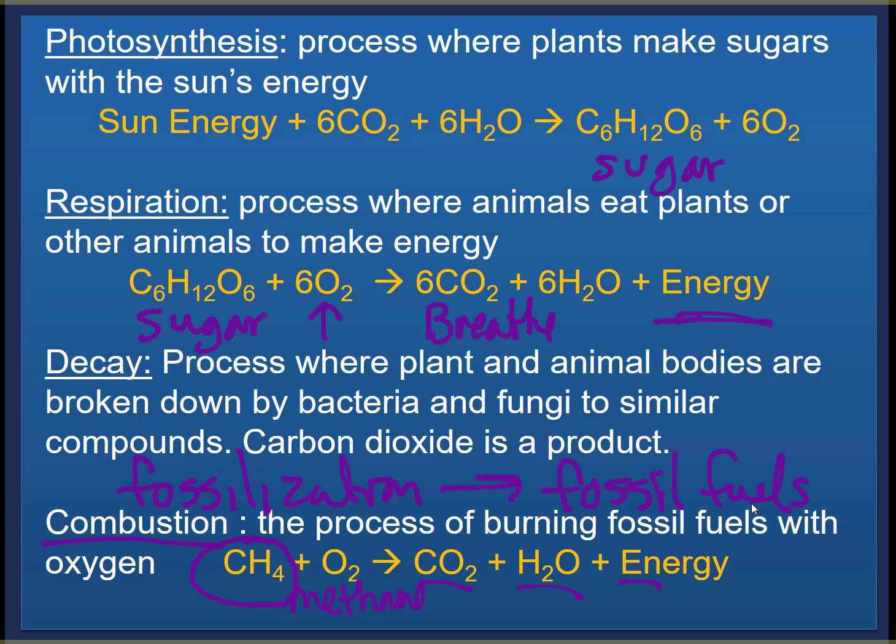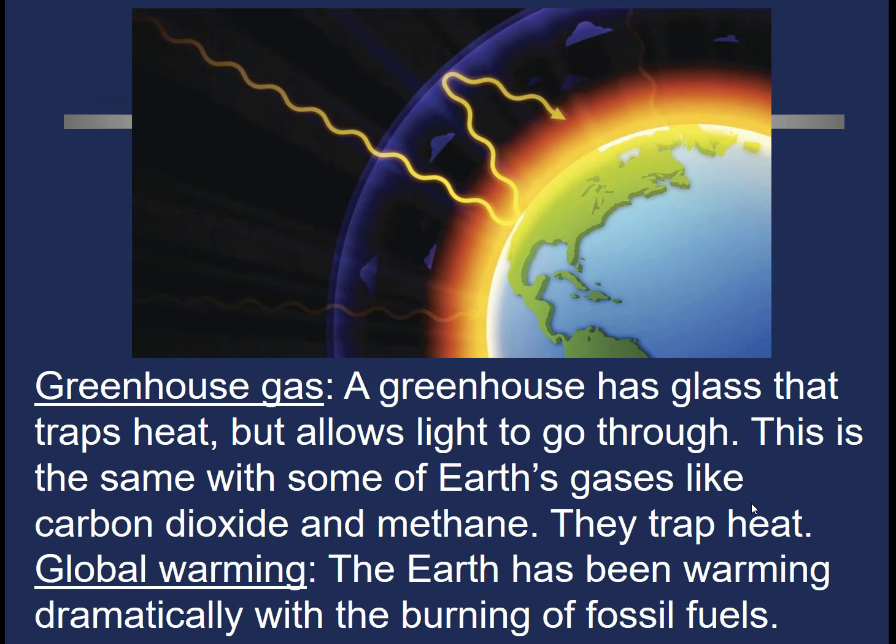So this could be burning coal, or burning a campfire, or burning methane, like in the lab, or burning gasoline. It all has this same type of formula. So carbon and hydrogen reacting with oxygen, and it's releasing as the only products CO2 and H2O, and then giving energy in some form.